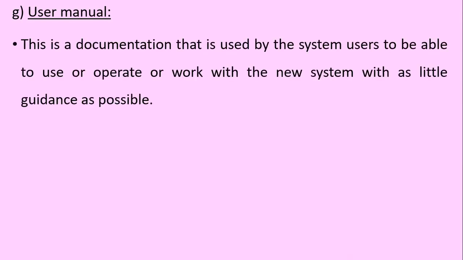On user manual documentation, this is documentation that is used by the system users to be able to use or operate the new system with as little guidance as possible.